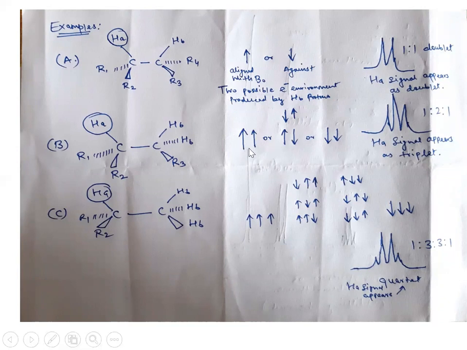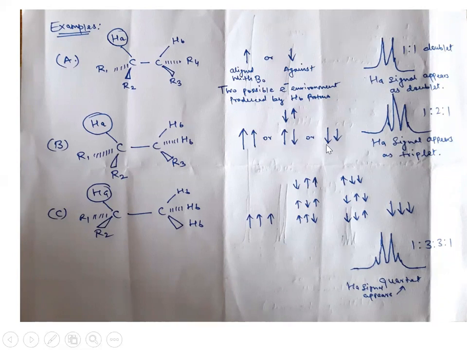Both are aligned with B0. One is aligned and another one is opposed. Suppose this is 1 and this is 2. 1 is aligning and 2 is opposing, and in the same way 1 is opposing and 2 is aligning, and the third one is both are against the external magnetic field.